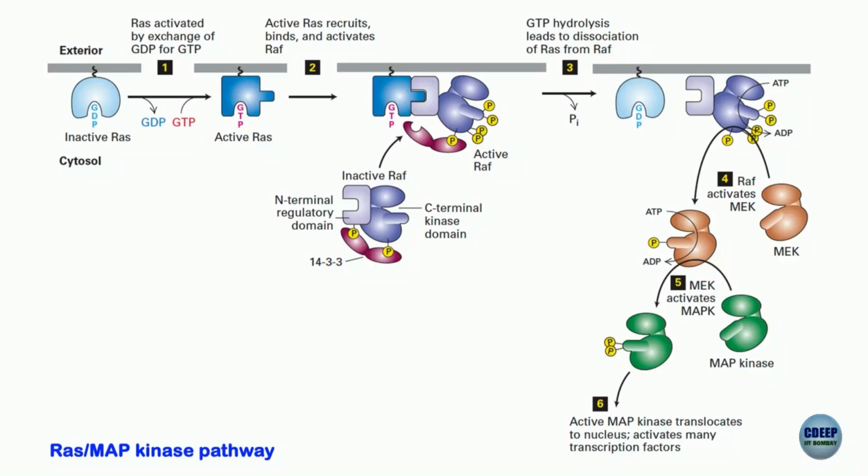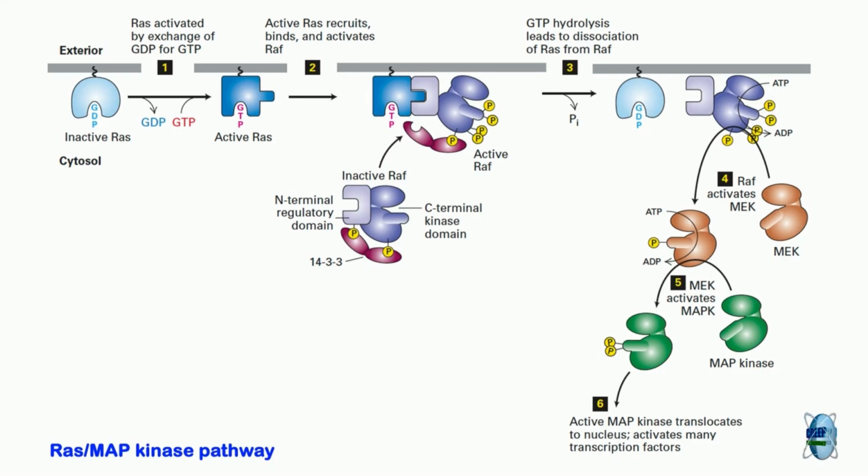Now, there has to be a specific context to the activation of MAP kinase, right? Any other signaling factor cannot go and activate the MAP kinase randomly. So, this MAP kinase which gets activated will go and activate the transcriptional program, right?